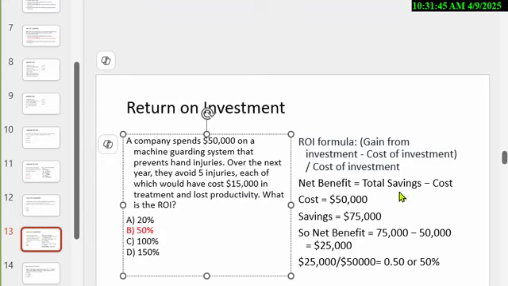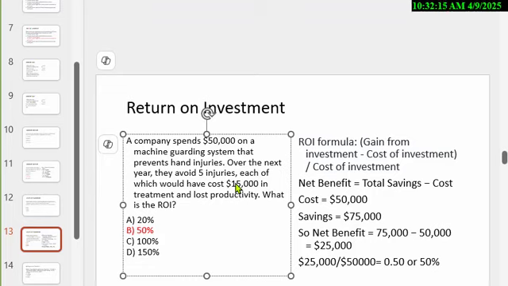We spent 50,000, divided by our cost of investment, which is 50,000. We save 75 minus 50 is 25,000. What messed me up, and you can see I just messed up, is it says 5 injuries each, which cost 15,000. I was thinking this was a total cost, and I just overread it. So you can make the same mistake I did.